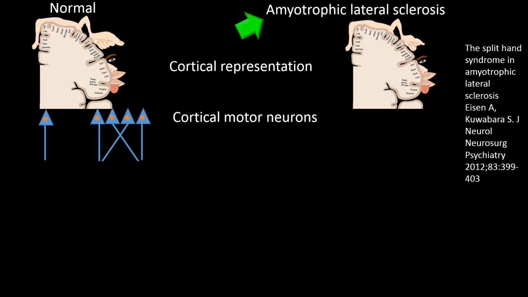I will now do the same on the side of the figure representing amyotrophic lateral sclerosis. As you can see, on the side of the amyotrophic lateral sclerosis, I have represented the neurons that innervate the hypothenar region by a single neuron, as I did in the normal side.